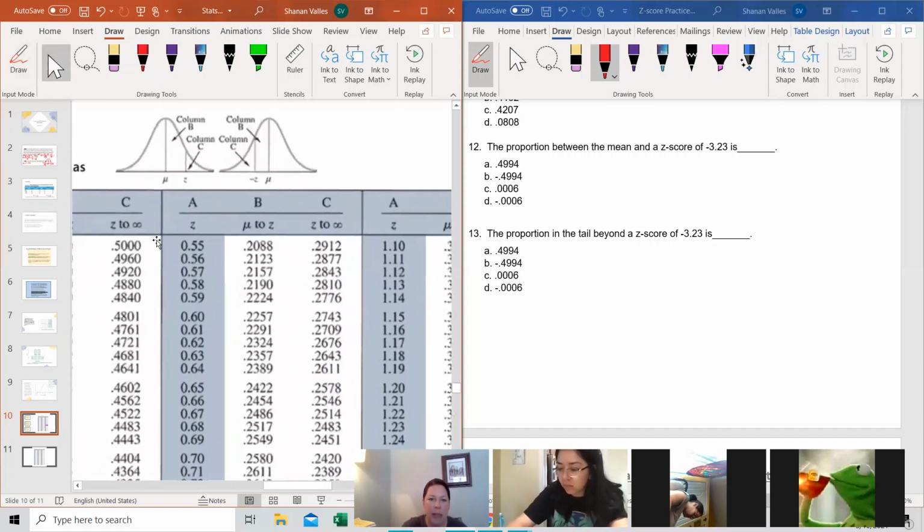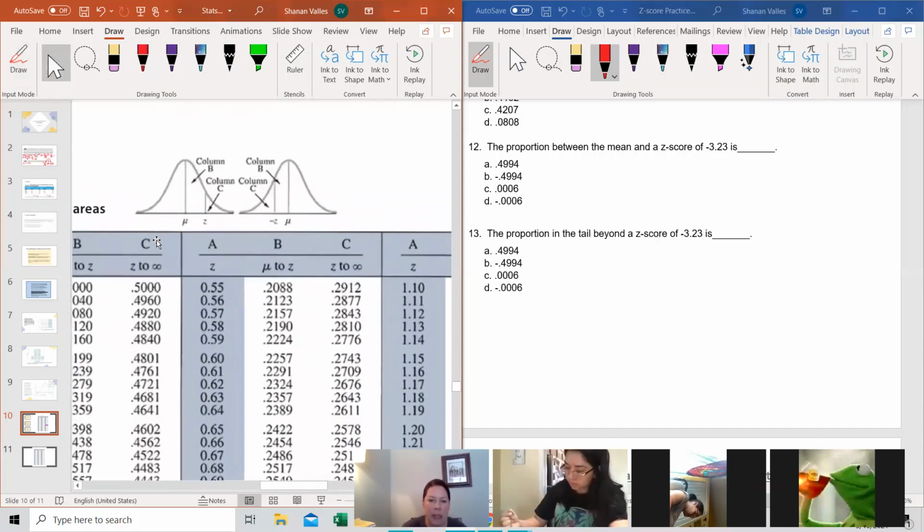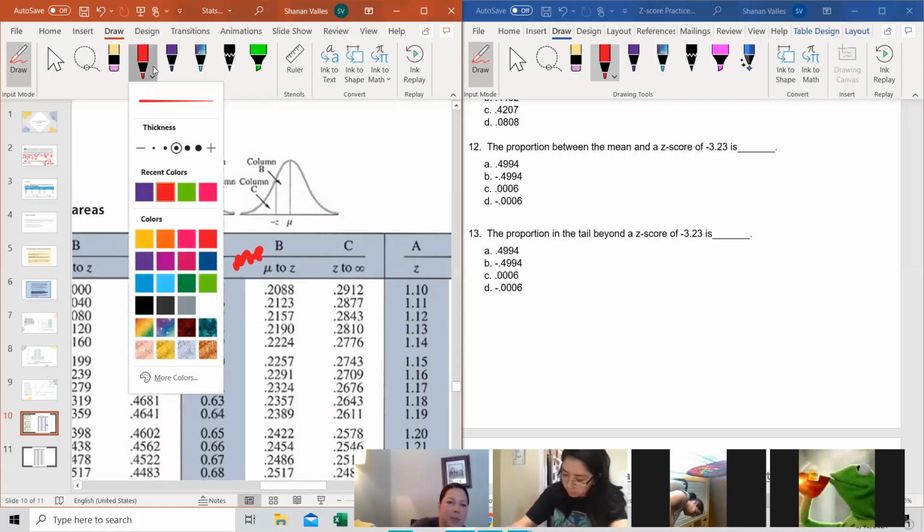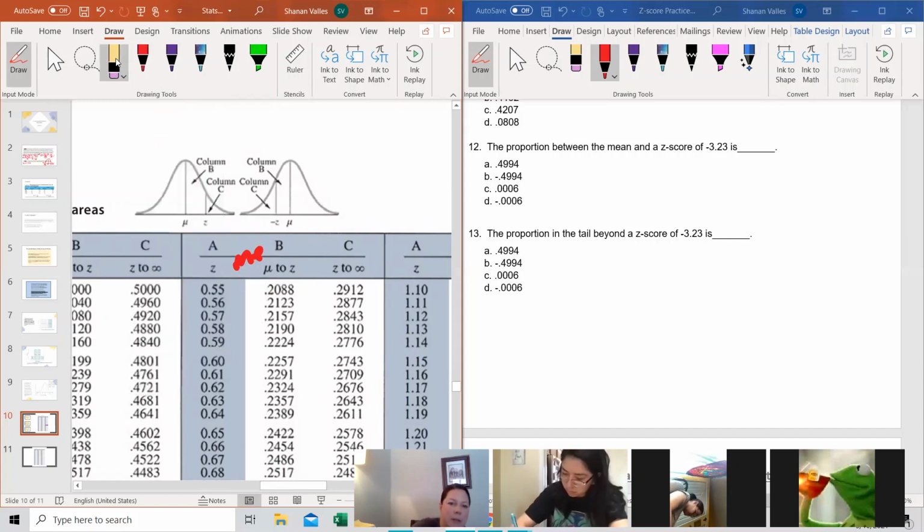So again, looking at this here, this symbol is the mean. You could write that it's the mean to the z if you don't like that symbol. And it tells you here also, it's giving you a picture of it.